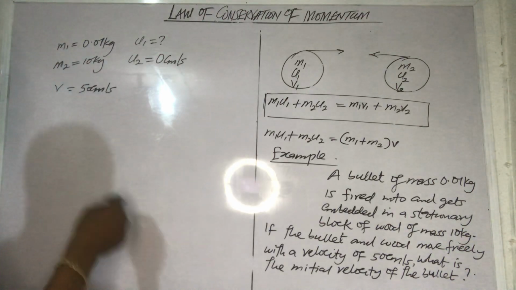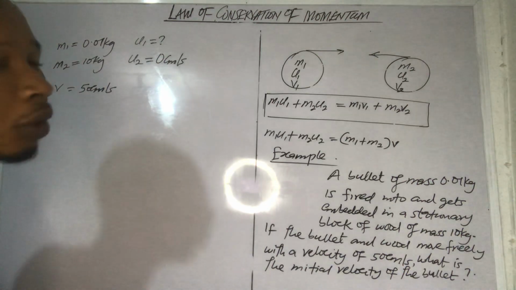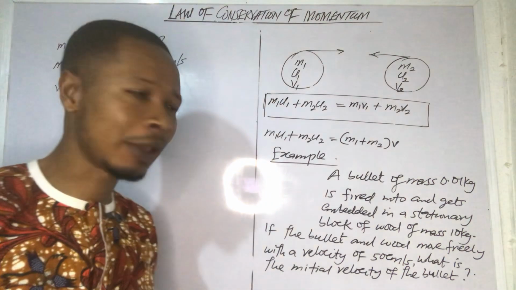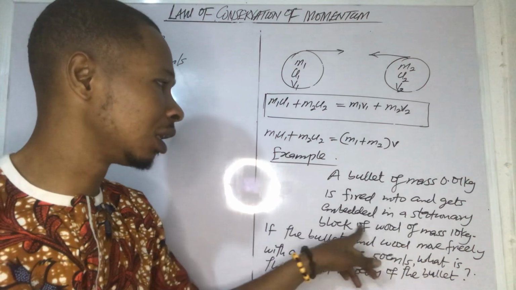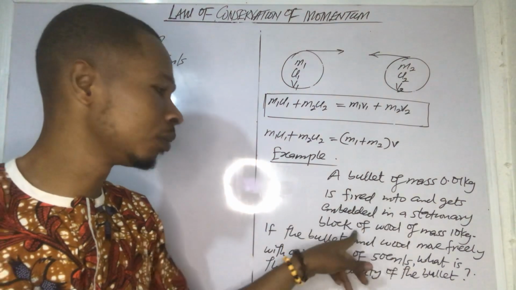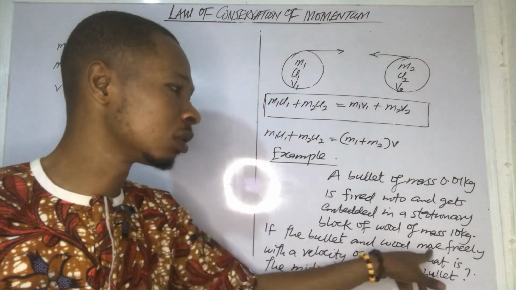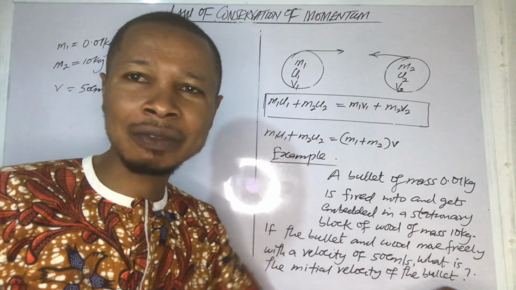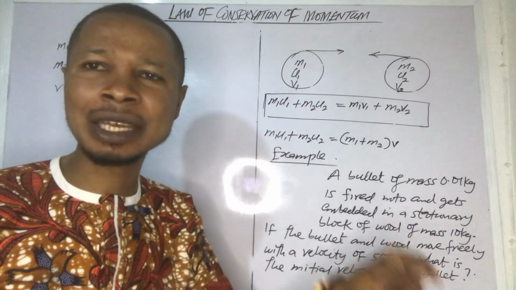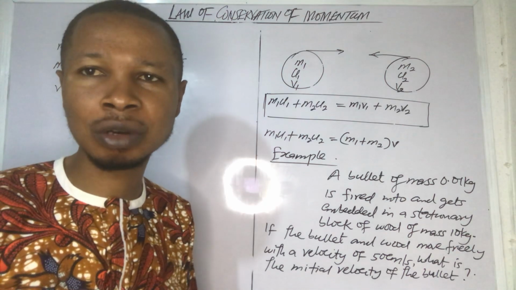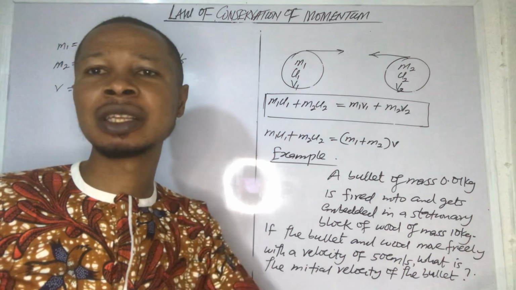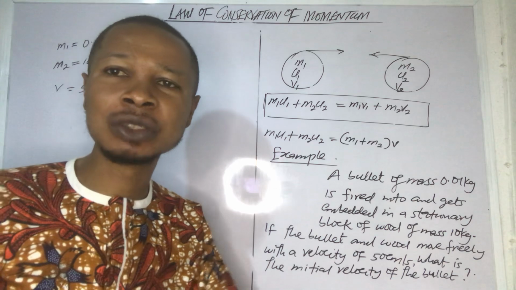Now, the two bodies have the same common velocity. Why? Because the bullet is embedded in the stationary object. After the bullet is embedded in the stationary block of wood, they move freely, which means they have the same common velocity.